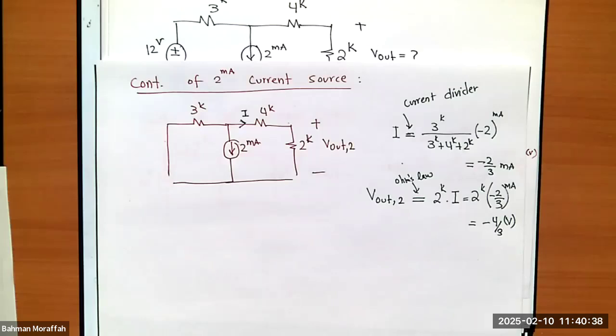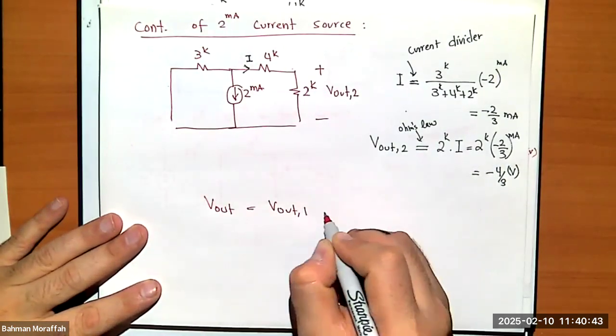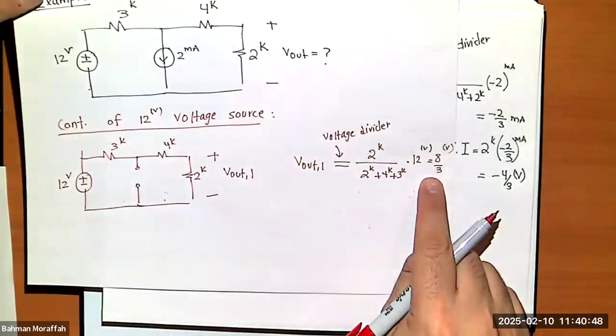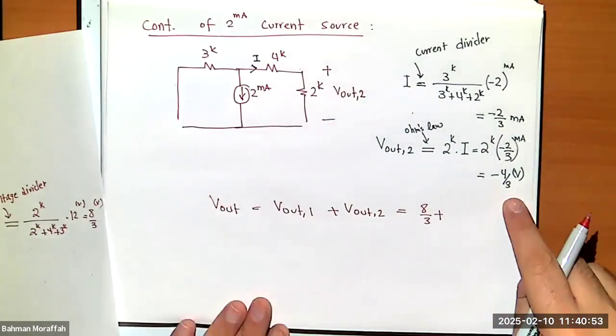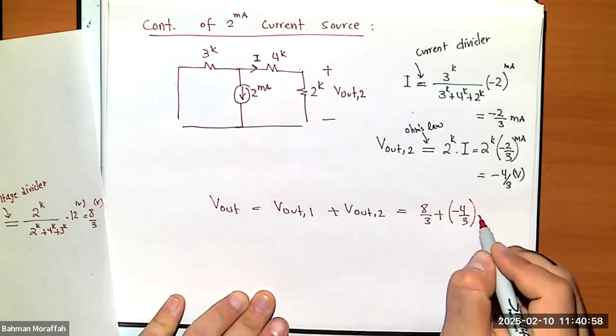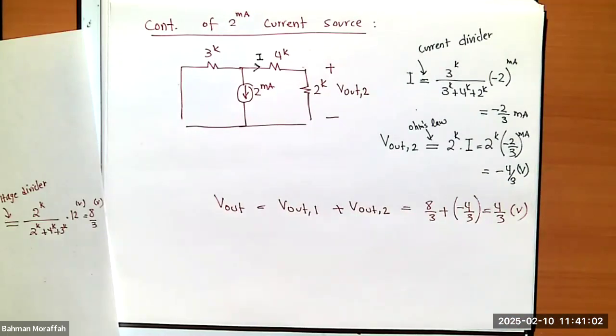So V out is V out 1 plus V out 2. I computed V out 1 to be 1/3. So I have 1/3 plus V out 2, which we just computed as -4/3. So plus minus 4/3. So the whole thing is -1 volt. Right? So whatever sign we obtain, it should be carried when we're computing the total voltage.